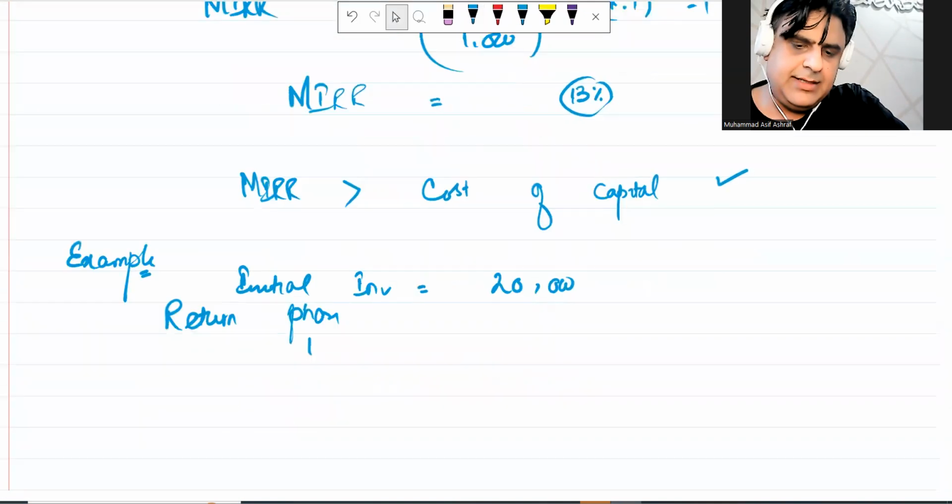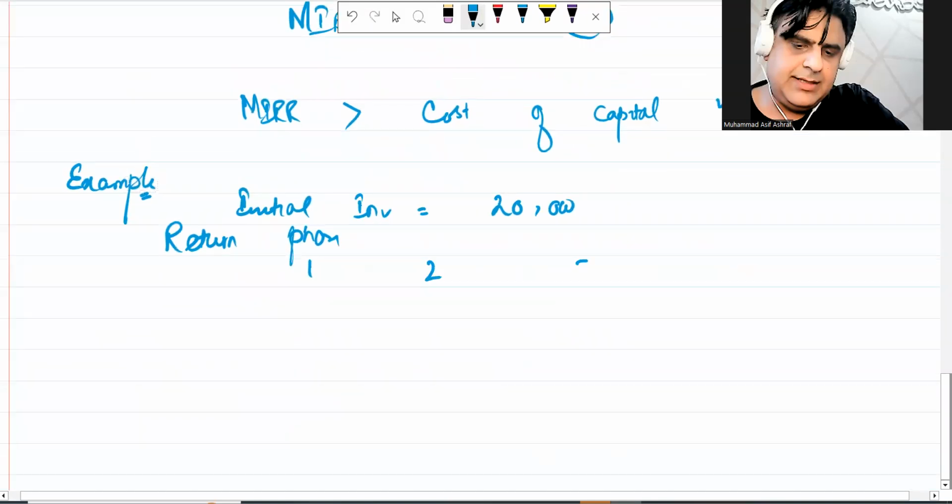In year 1, 2, 3, 4, we have cash flows. Now it is assumed that these cash flows are relevant cash flows which you have studied in the previous lecture. Okay, that should be clear in your mind.